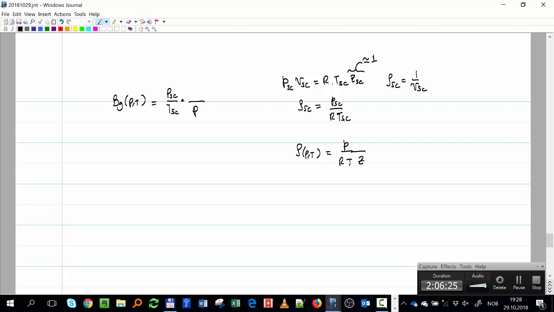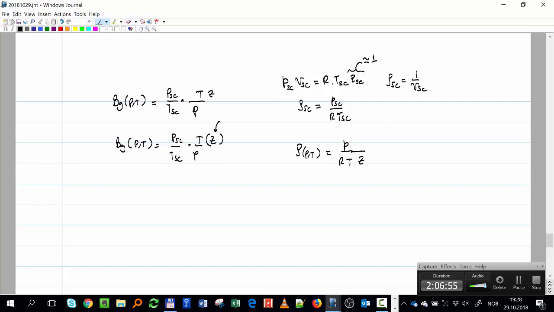So I have P over R T z, and the R cancels out. That tells me that Bg is just a function of a constant times T over P times z. And here I have that z that I need to calculate for a mixture.